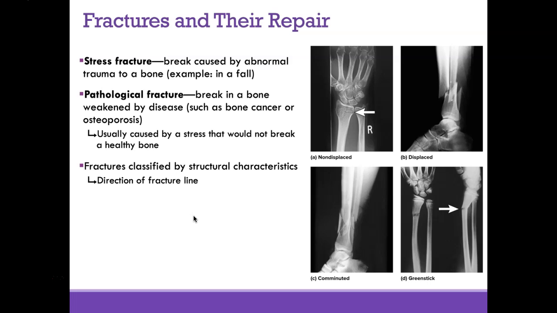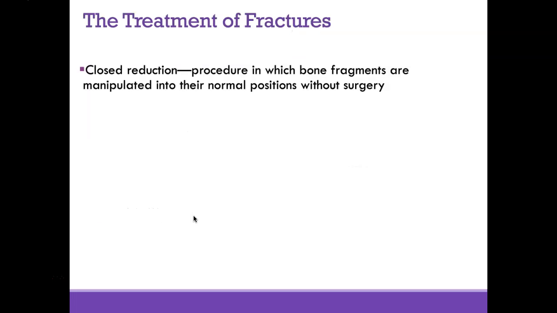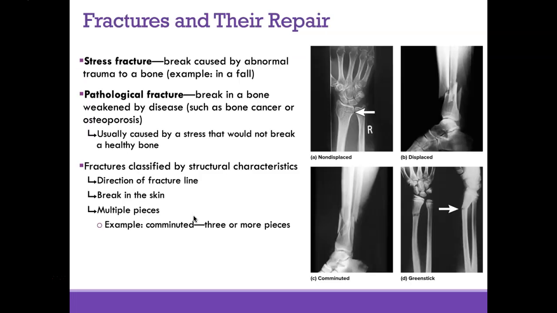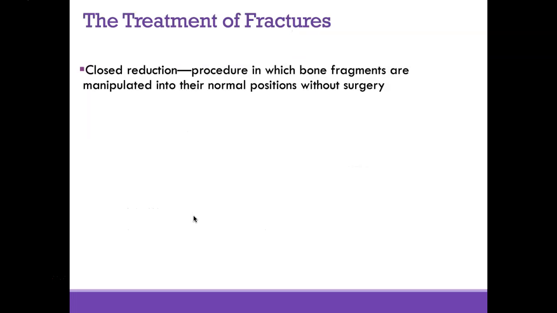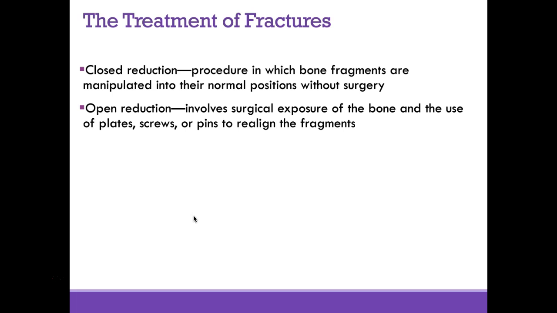For example, the direction of the fracture line, whether the skin is broken or not, and how many pieces the fracture is broken into. So you can look in the book a little bit more about different types of fractures, and they can be repaired either closed or open.